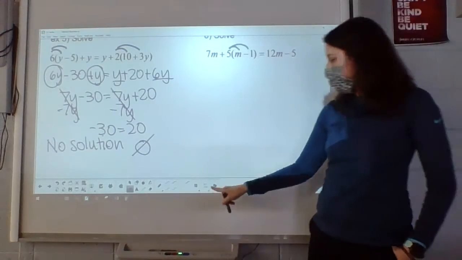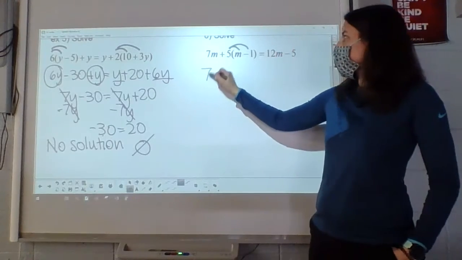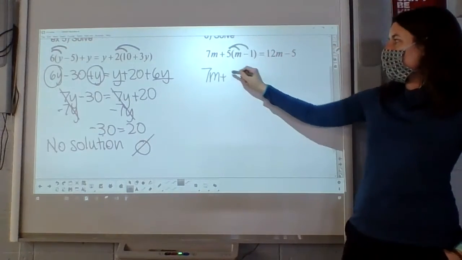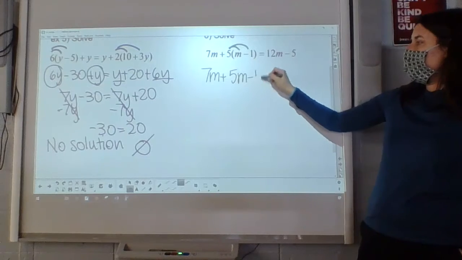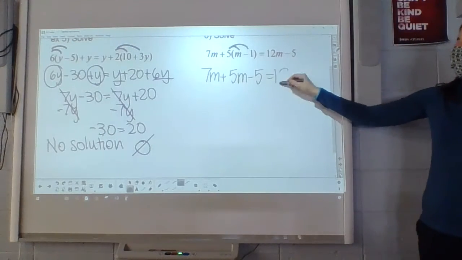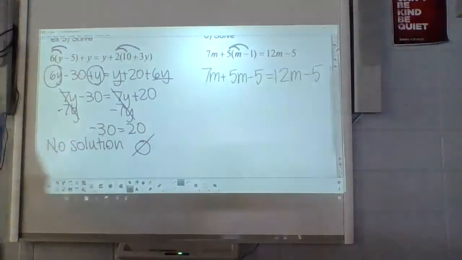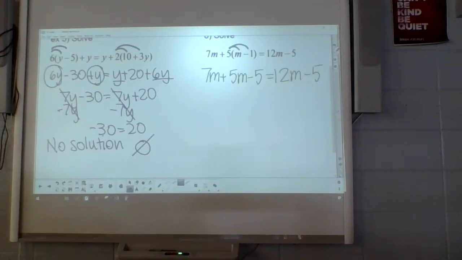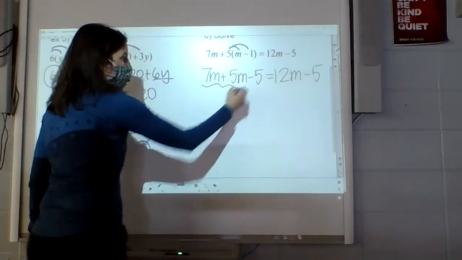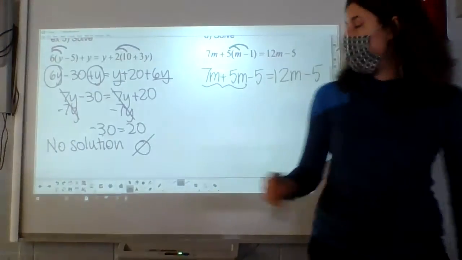And distribute. Multiply that 5 in. Again, you might already see some strange things happening in this case. So the 7m and 5m is 12m, right?